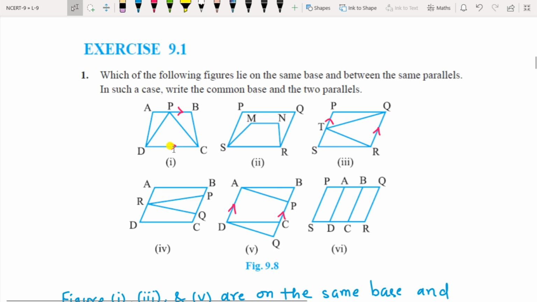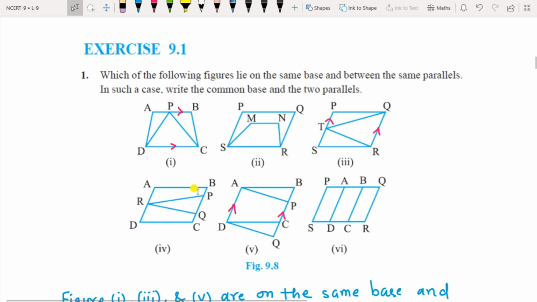In the first one, the base is the same for the parallelogram and the triangle, and the parallel lines are also the same. Here the base is the same, but the parallel lines are not the same, so we are not going to consider this. Now in this case, the base is also the same for the triangle and the parallelogram, and they lie between the two parallel lines PS and QR.